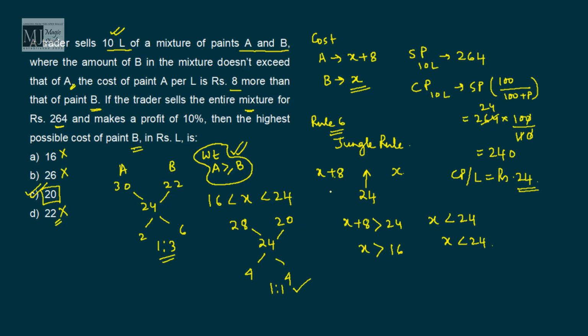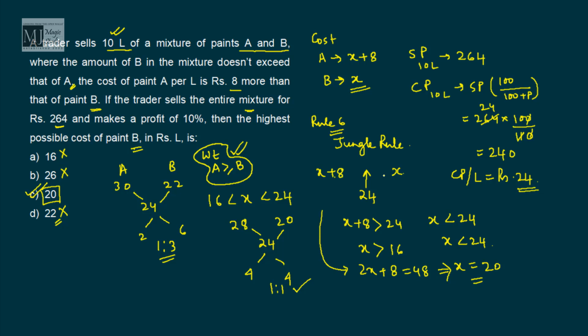That is the simple logic. And we have proved that logic. Actually, that should be 1 is to 1. So 2x plus 8 is 48. That should give us the maximum value of x. That is 48 minus 8 is 40. Divided by 2 is 20.